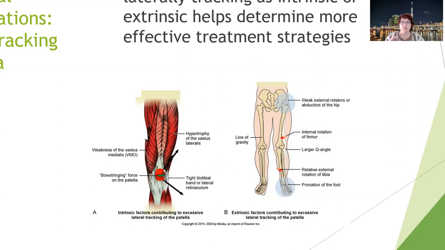All of those things are not really having to do with the knee itself or the knee muscles, but they can all contribute to lateral tracking of the patella. So those are definitely things that we want to consider during therapy. So do we need to treat the weak hip external rotators? Probably.